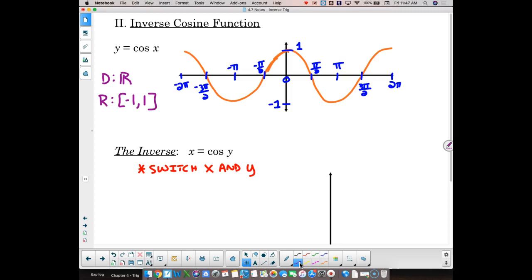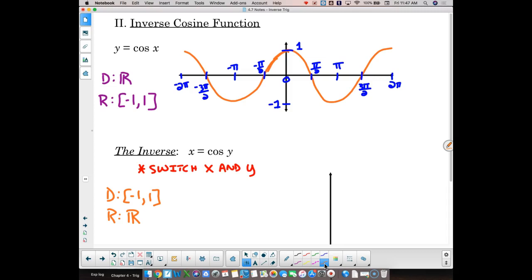Which means down here on the inverse cosine graph, my domain is going to be from -1 to +1, and my range is going to be all reals. Okay.